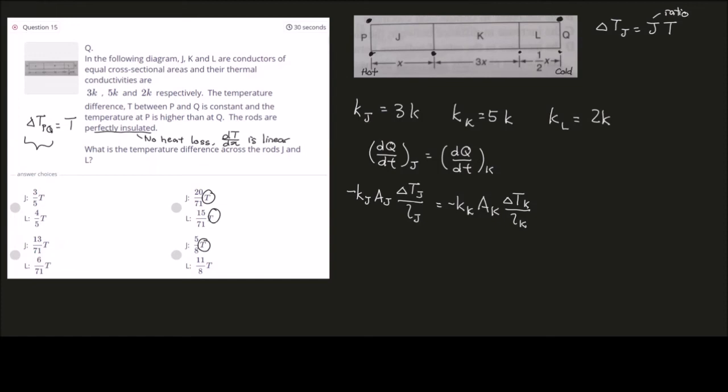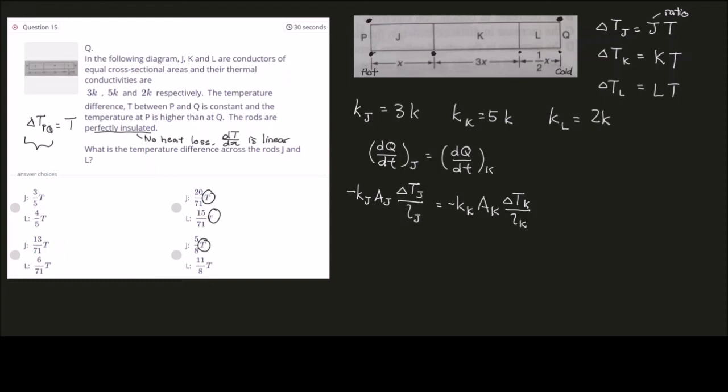Okay, so again, I will also do the same thing for K. So delta T of K will be equal to K times T. I will try to express everything in terms of ratio, in terms of T. Okay, so now delta T of L, the difference in temperature at rod L, will be equal to LT.